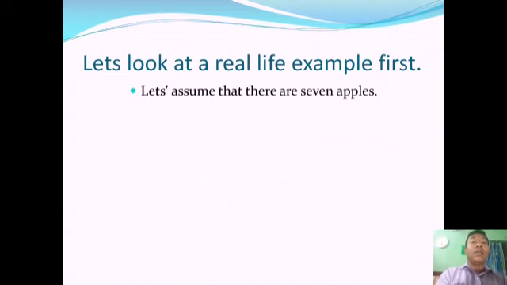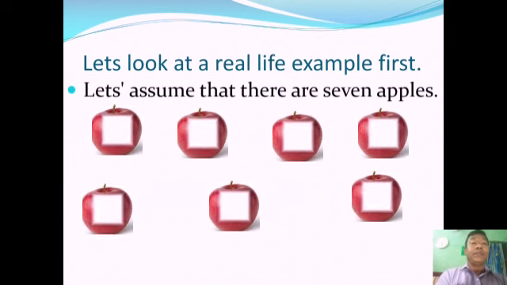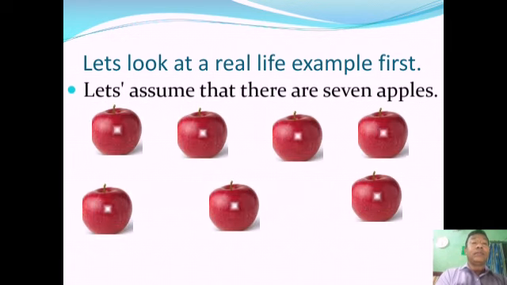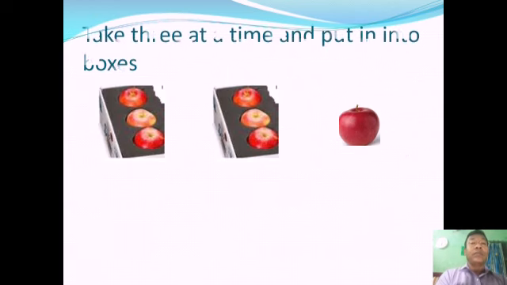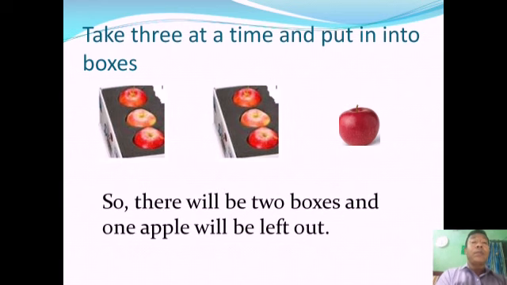Let us assume that there are 7 apples. Take 3 at a time and put them into boxes. So there will be 2 boxes and 1 apple will be left out.